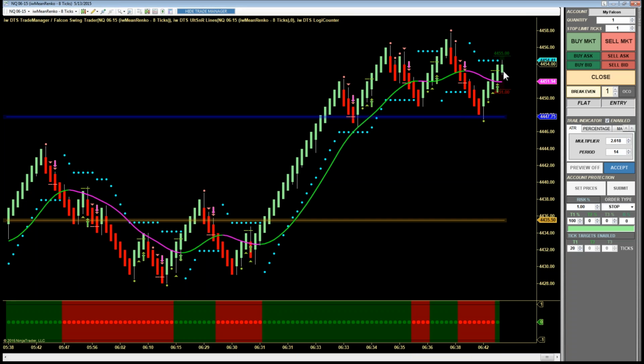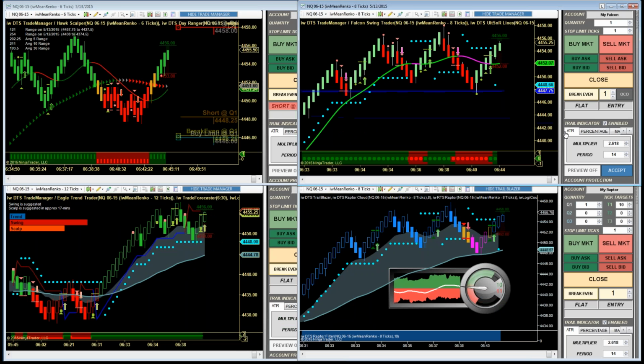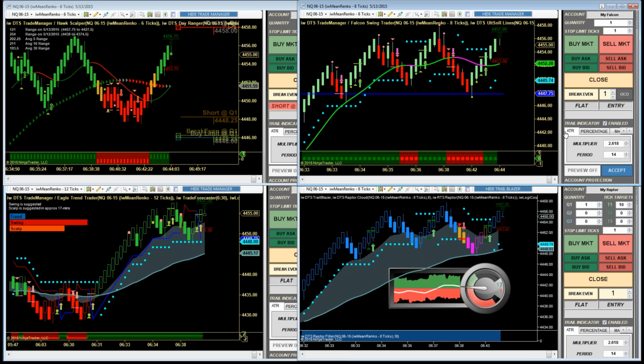I'd love to see this turn and give us a sell signal. That would give us a trend change signal, which is also a higher probability signal. All right, sellers, where did you go?